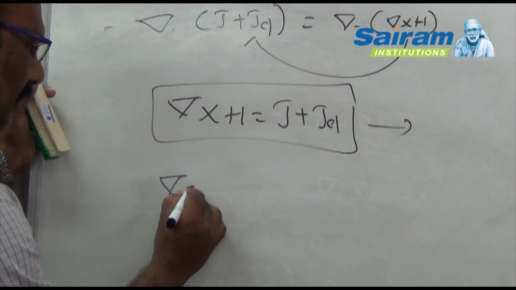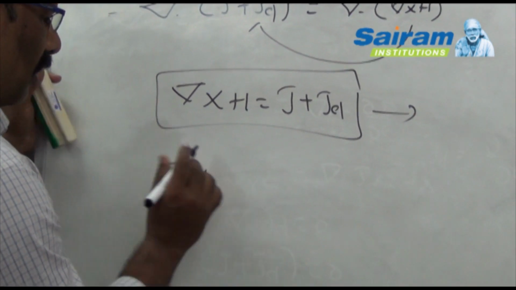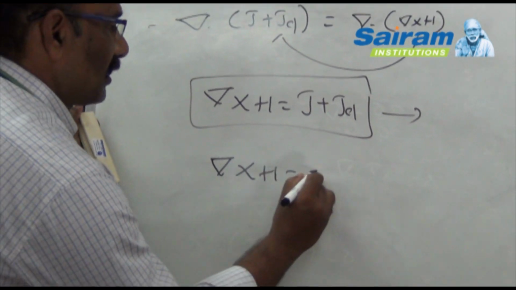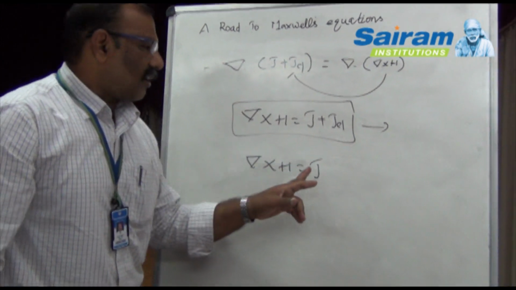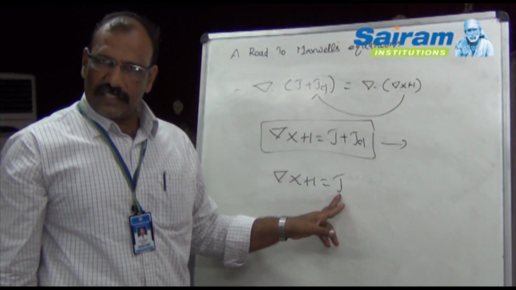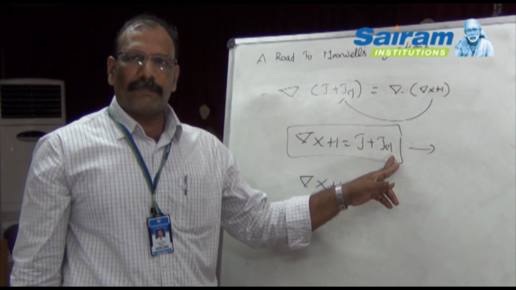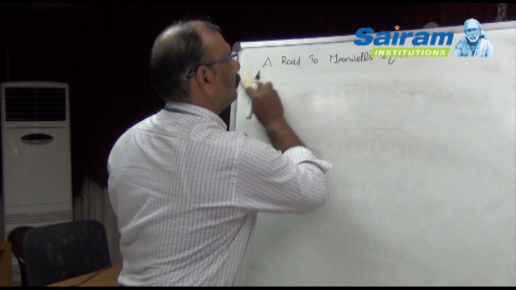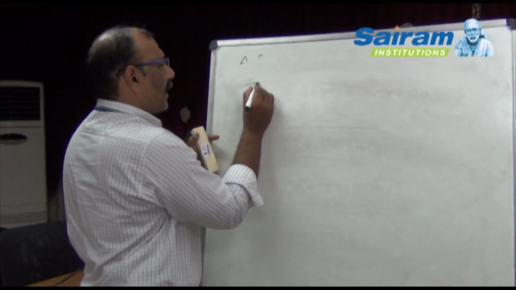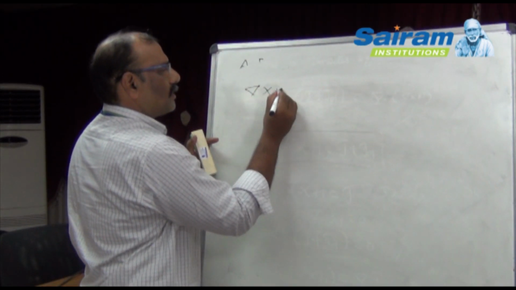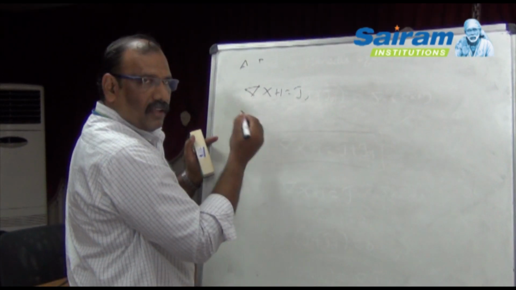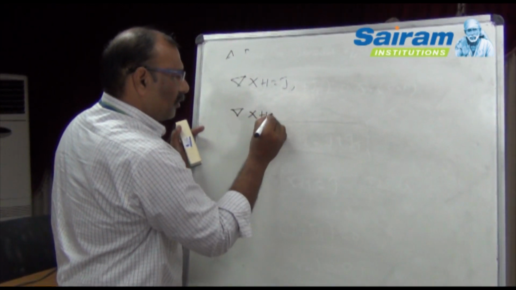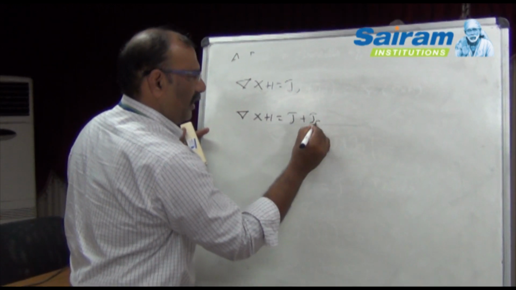The basic Ampere's law says curl H equal to J. J is called the conduction current density. JD is called the displacement current density. From the basic Ampere's law, curl H equal to J, it is modified by Maxwell, so it becomes J plus JD.